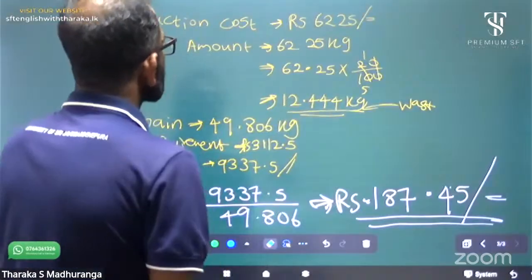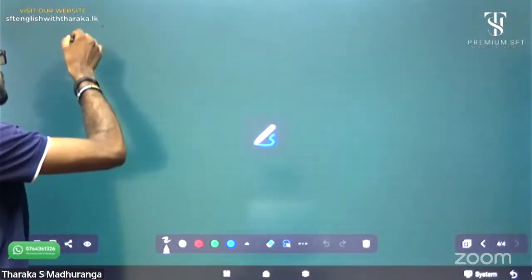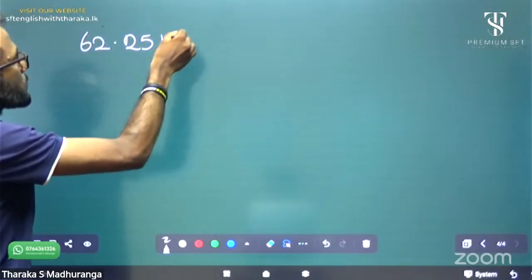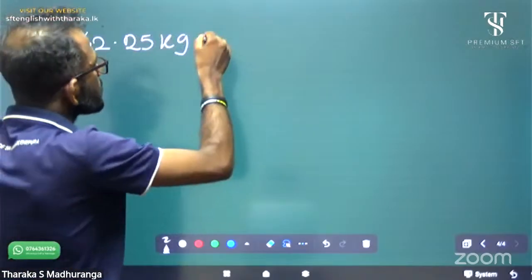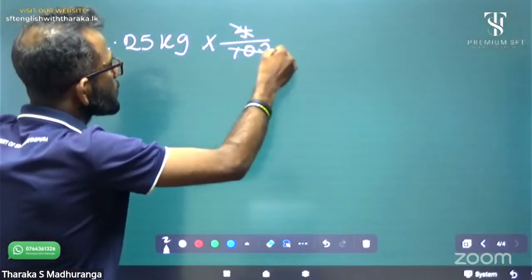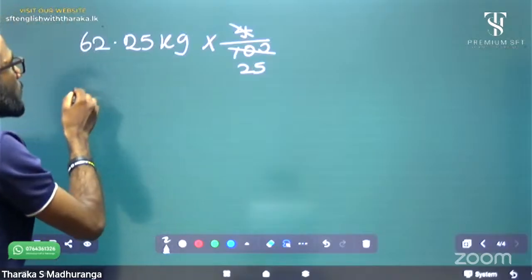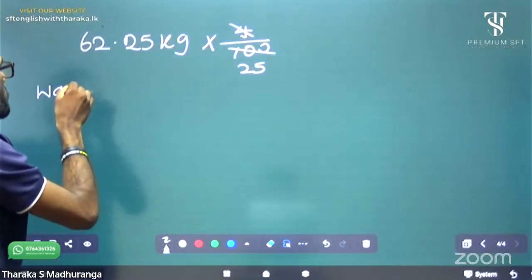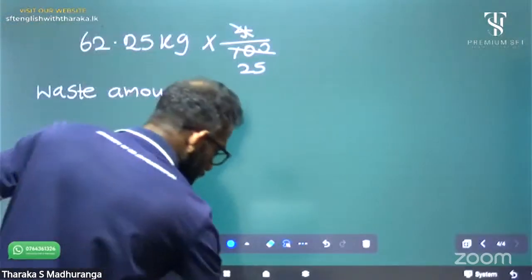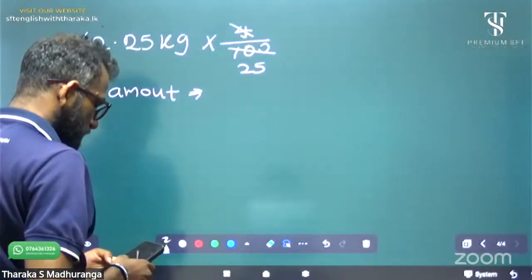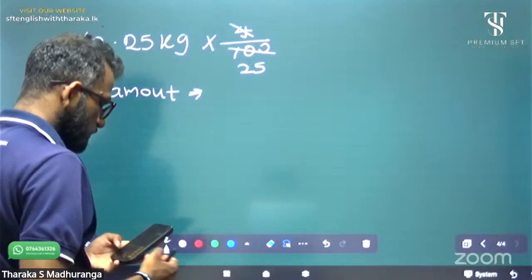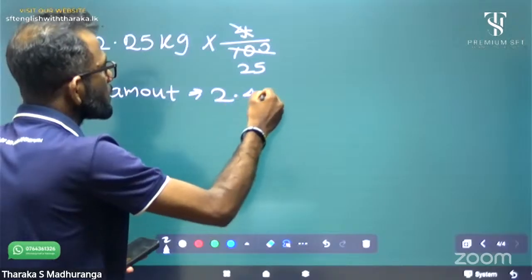Now, the total is 62.25 kilograms. If we can reduce the wastage to 4%, the waste is only 4% of 62.25, which is 2.49 kilograms only.